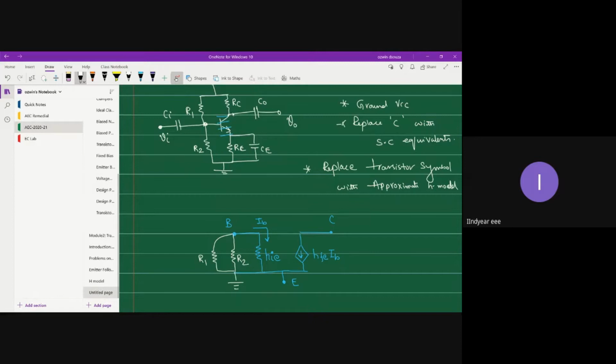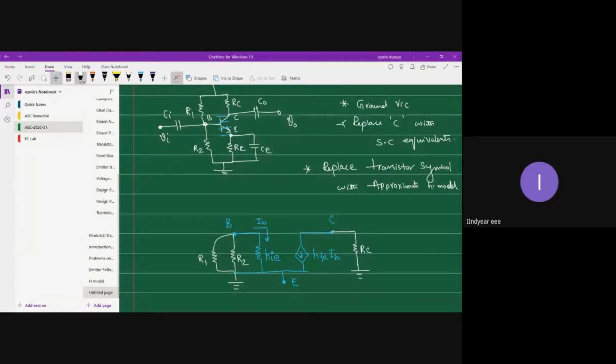Okay, fine. And on the output side, this is your base, collector, and emitter. To the collector terminal, you have RC. Okay, and the other end of RC is connected to VCC, but VCC is maintained at ground potential for AC analysis. Okay, what happens to emitter terminal?